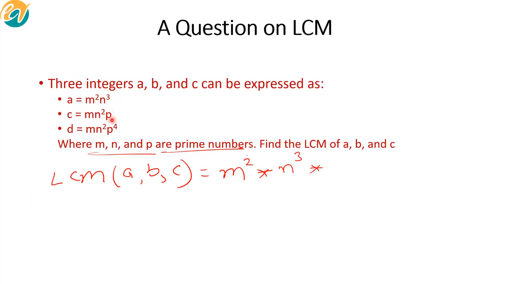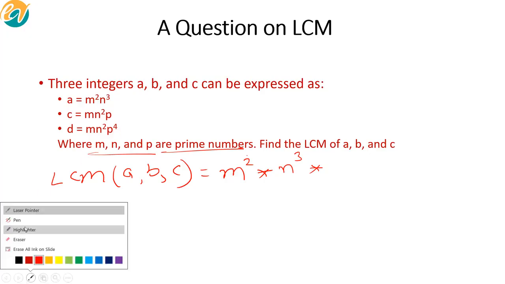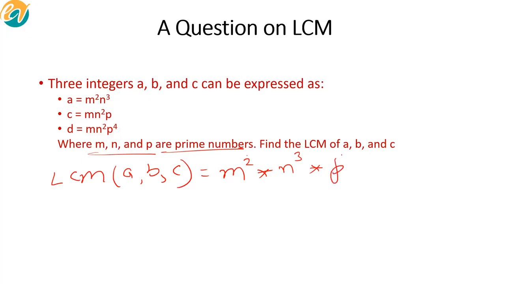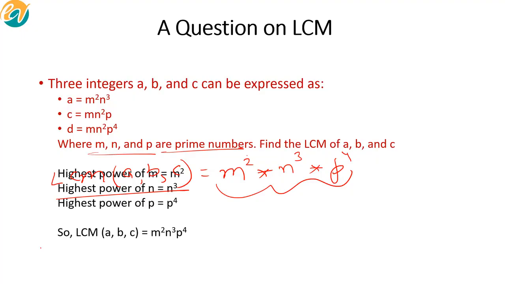There is a p here, and there is a p raised to the power of 4. So what's the highest power of p across the three integers? P raised to the power of 4. So into p raised to the power of 4, that would be the LCM of A, B, and C. Direct application of the formula that we discussed on the last slide: m square into n cube into p raised to the power of 4.